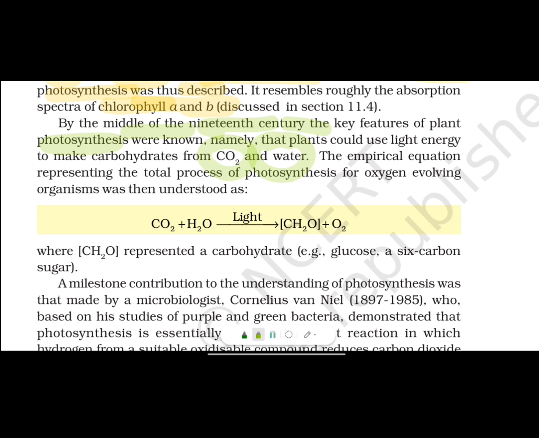Light energy is the main source, and the reactants are CO2 and H2O. Light is used to produce carbohydrates, and along with the carbohydrates we also get oxygen.